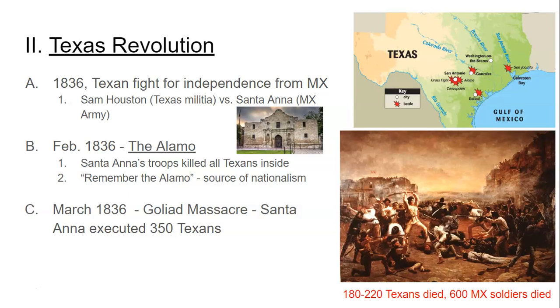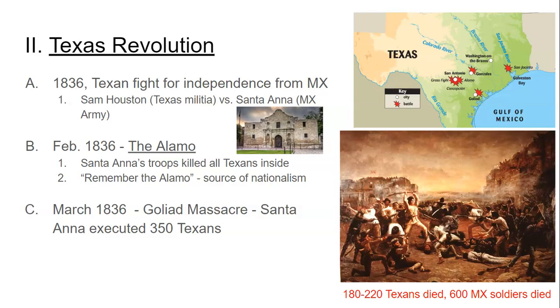And the Texans who are fighting for independence, they capture the building, they get inside, and they stay there for a few months while they wait for supplies from America, actually from Jackson and the American Army, which we'll talk about in a minute. So you have these Texans, there's about 200-ish of them inside the Alamo, and they become surrounded by Santa Anna's troops.